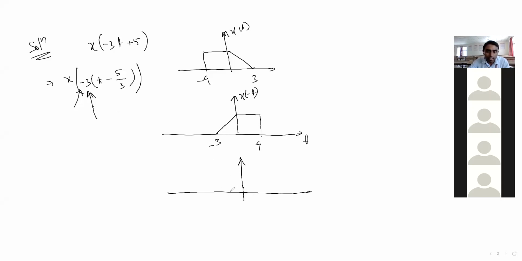When you divide, the first point comes as minus 1, and the amplitude will be the same. We are not doing anything with the amplitude. The first point will be minus 1 and the other will be 4/3. This is a compressed version of the signal because a, here 3, is greater than 1. So now you have to do shifting.